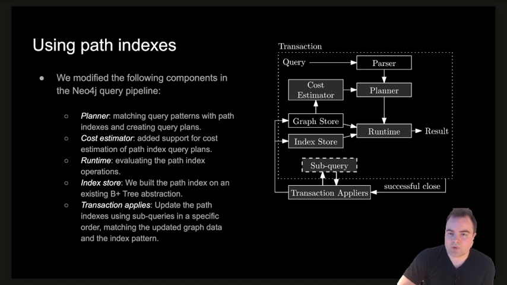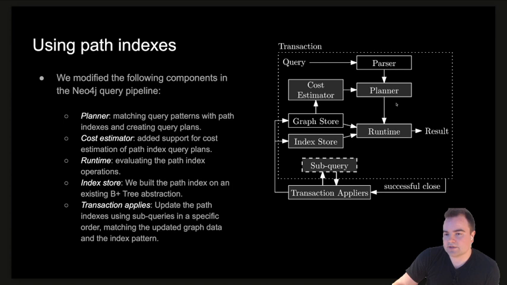Once we have the implementation of a path index, what did we need to do in order to start supporting such indexes inside Neo4j? We needed to modify several components. First, the query gets parsed, and this stays the same.